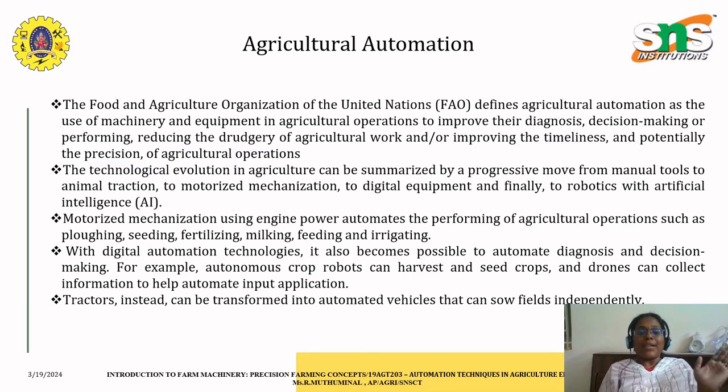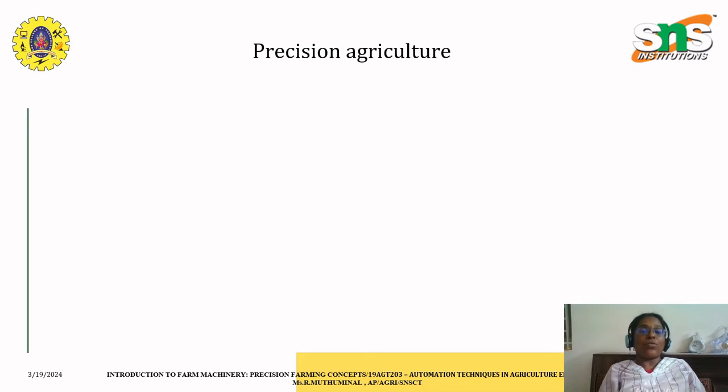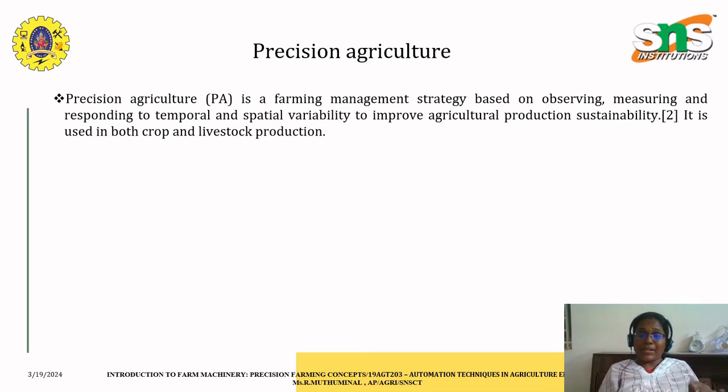Tractors can also be transformed into automated vehicles that can sow fields independently. This is the new technological era, and this is where precision agriculture plays a major role. It is a farming management strategy based on observing, measuring and responding to temporal and spatial variability to improve agricultural production sustainability.